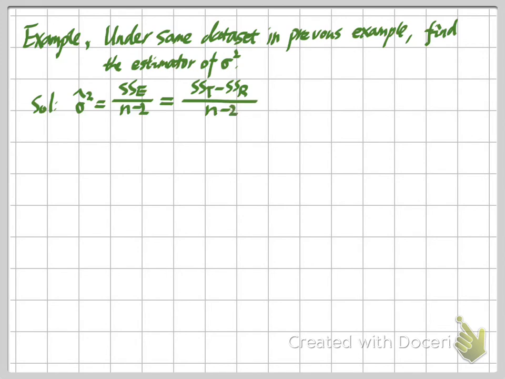Because SSE is equal to SST minus SSR, this will equal 1 over 5 minus 2 as the denominator, and the numerator is the sum of yi square minus n times the square of the sample mean of y, minus beta 1 hat times S sub xy.